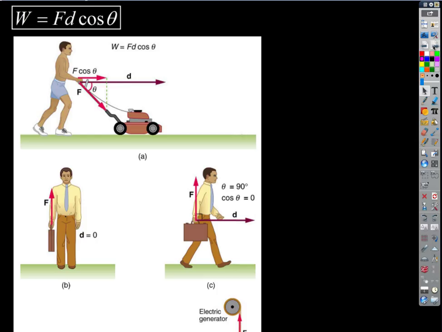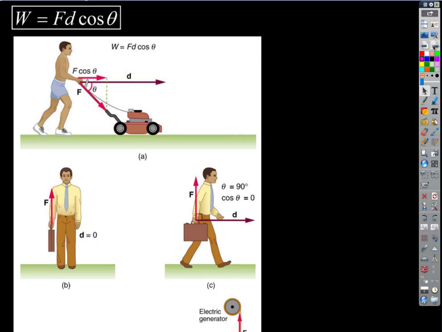Yes, it is. It meets the criteria, doesn't it? Force is being applied. The force and the displacement at least partially line up, right? Yes. And is energy being transferred? Yeah, it is, right? He's pushing on the lawnmower. I'm not going to say anything else about that for now. We'll come back to the energy being transferred part. But work is clearly being done there.